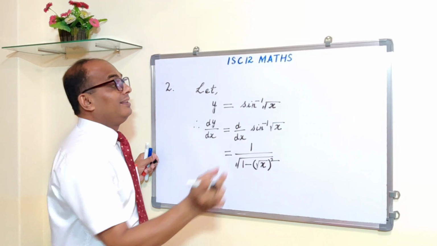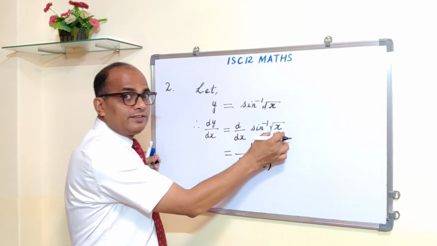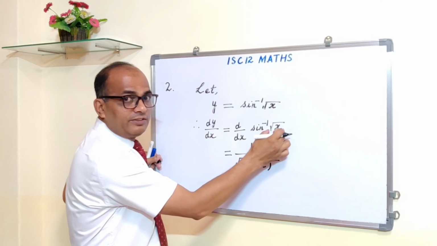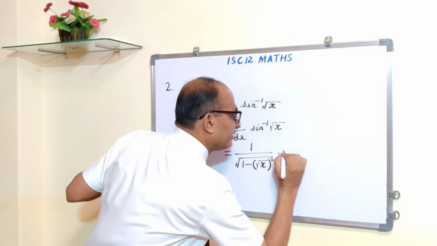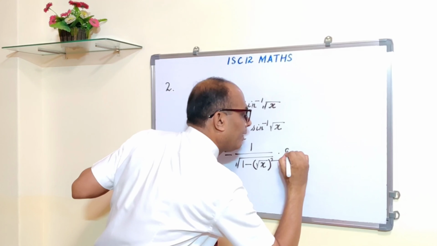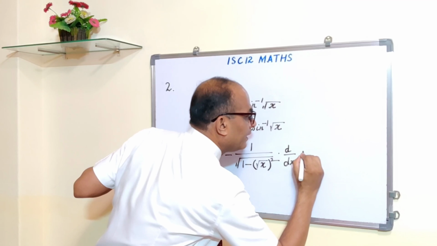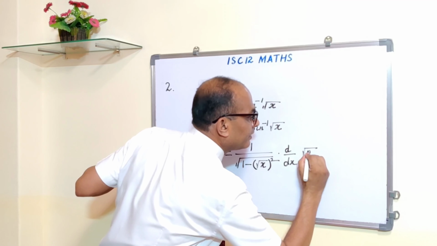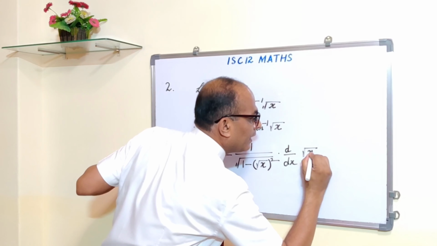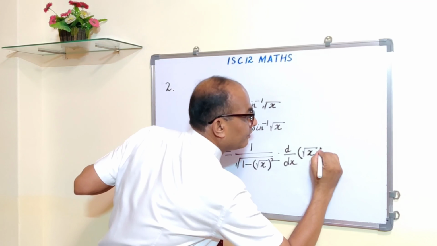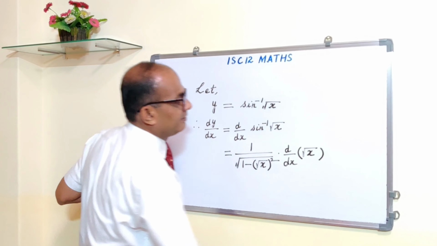And this is not x, we are supposing this is x and applying the formula. So we once again differentiate this root x into d/dx of root x. This you can put in bracket like this.